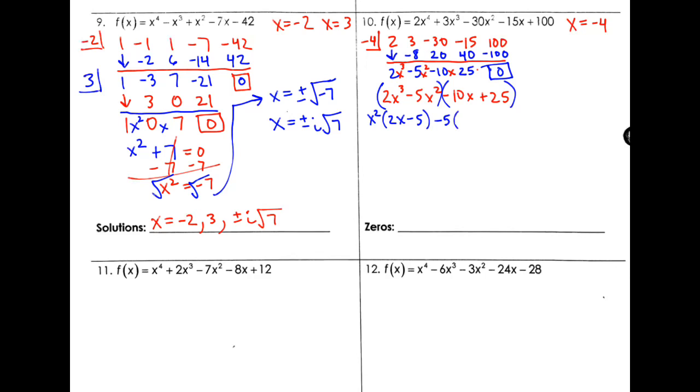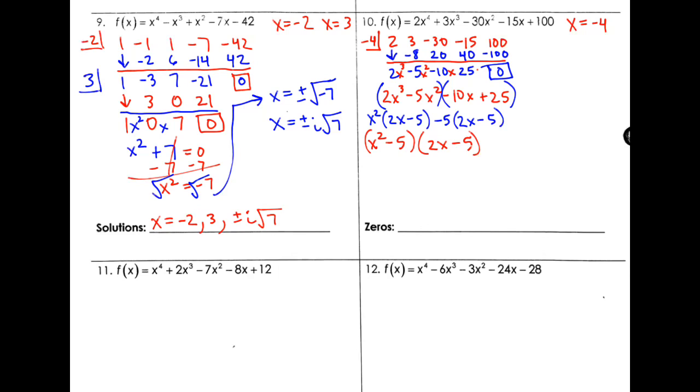And then inside the parentheses, we'd have 2x minus 5. Okay, now, remember when solving by grouping, you should end up with the same thing inside the parentheses. And so we can just leave that as one set of parentheses and then combine the stuff that's outside of the parentheses inside another set of parentheses. And so that's x squared minus 5, and then 2x minus 5.